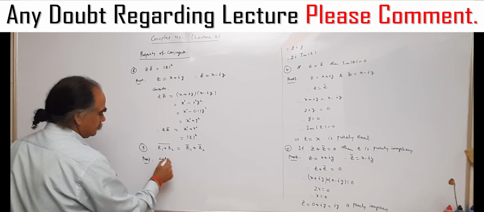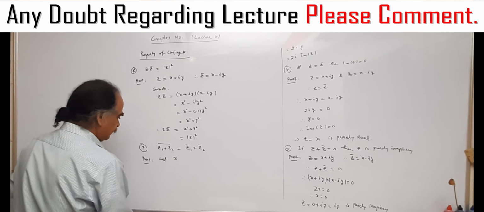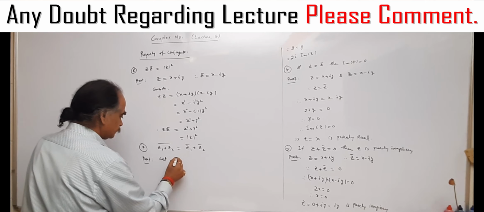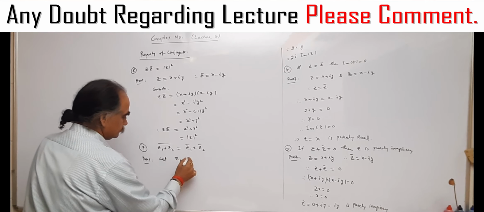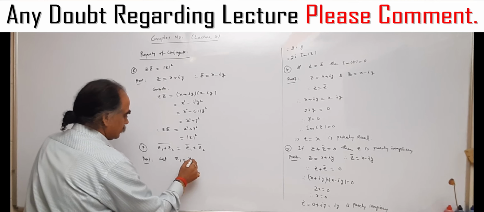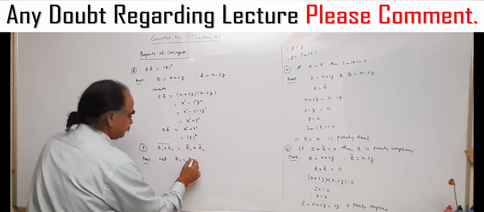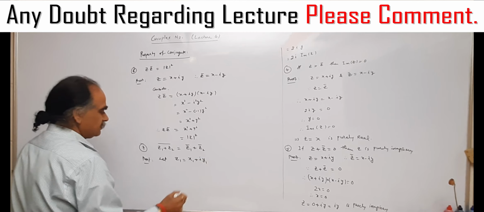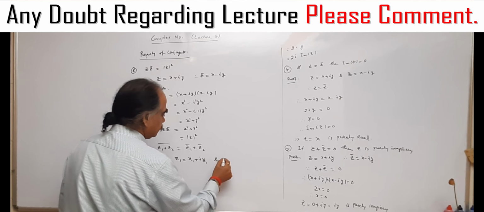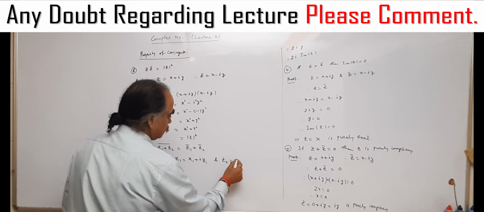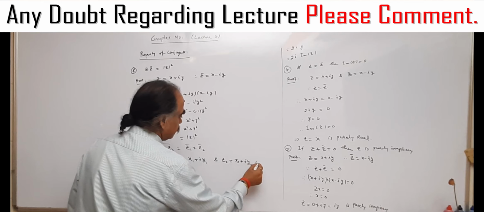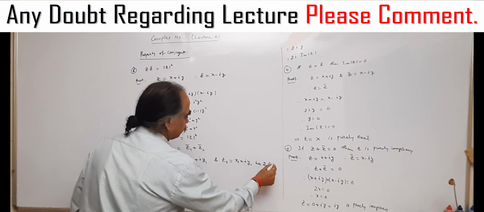Let z1 be x1 plus iy1 and z2 be x2 plus iy2, two complex numbers.